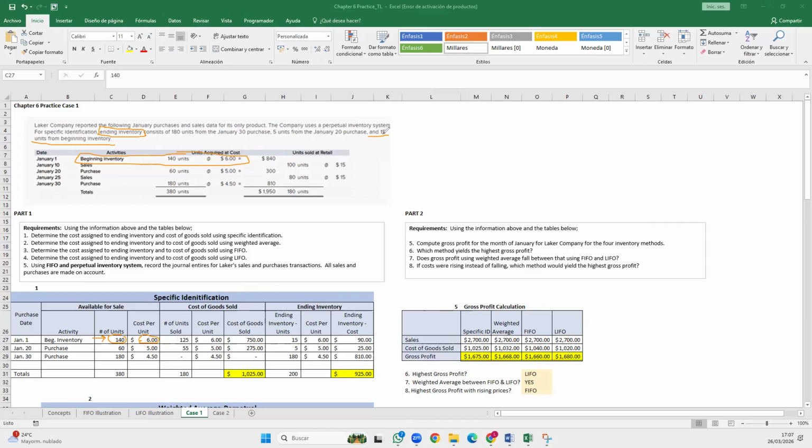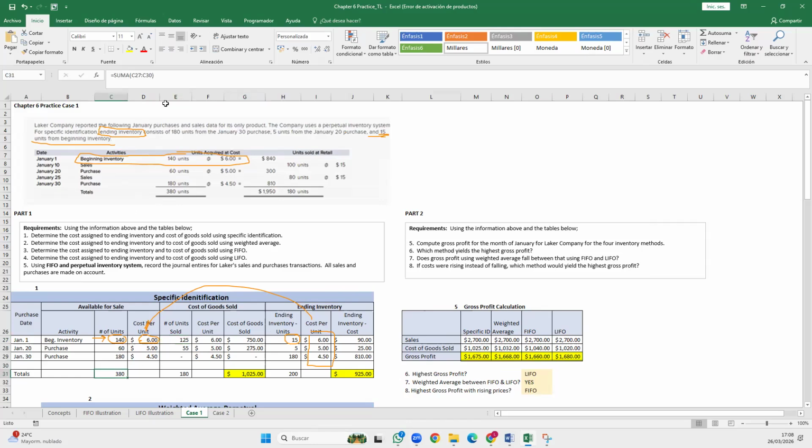And it's already telling me 15 units out of these 140 ended up in ending inventory. The price per unit is not going to change. It's just a copy and paste of the available for sale. We just do a subtraction: 140 minus the ending inventory of 15, which means that 125 must have been sold.